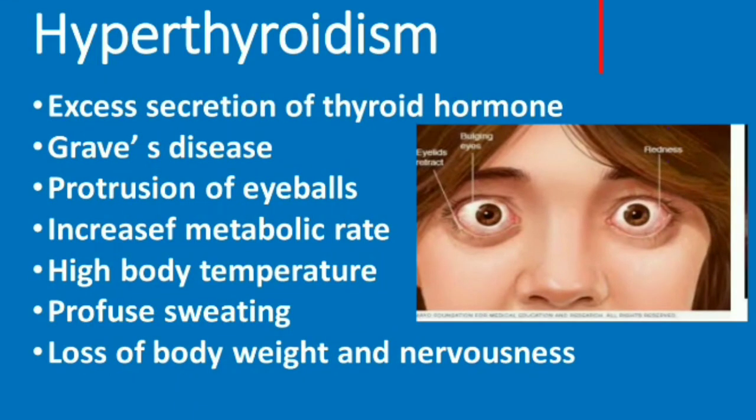Coming to hyperthyroidism, this condition occurs due to an increased level of thyroid hormone. Excess secretion of thyroid hormones leads to hyperthyroidism, otherwise known as Graves' disease. The symptoms are protrusion of eyeballs, increased metabolic rate, high body temperature, and profuse sweating.